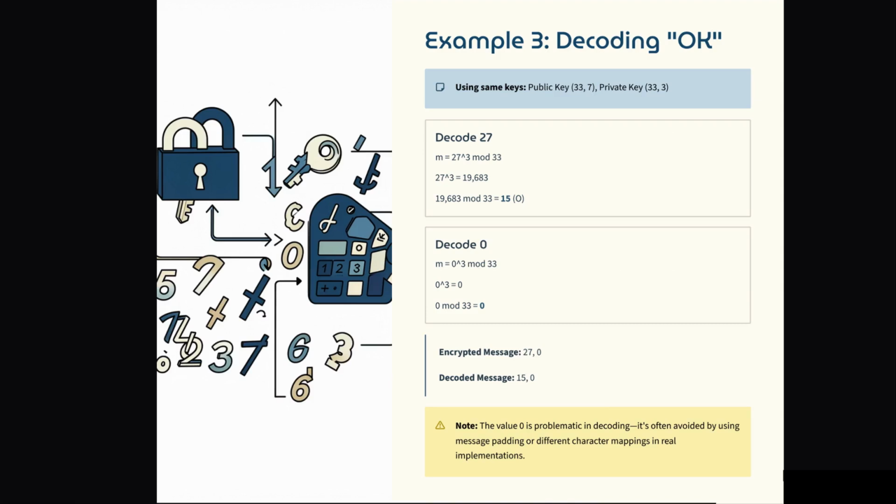This is where our problem occurs. The encrypted message was 27, 0, the decoded message was 15, 0. So we just got the O back translated, but the K went missing through the process. This is problematic in decoding and often avoided because the message just can't be translated backwards.